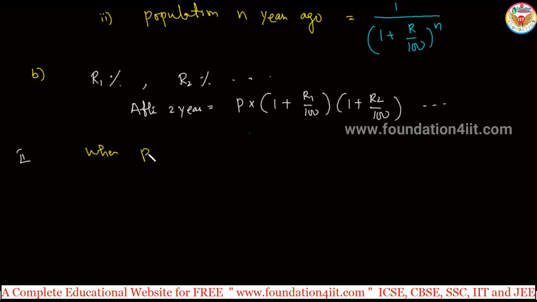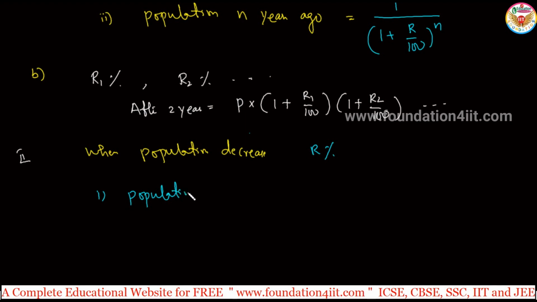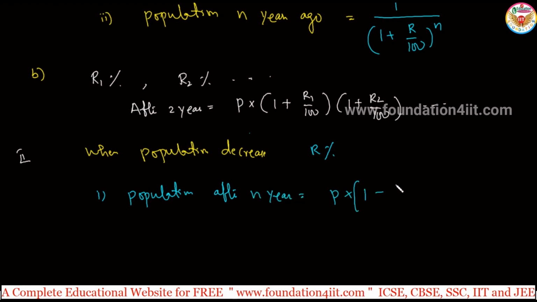So when population-decreasing type questions are asked, where the population decreases at R% per annum, then the population after n years, if it is decreasing 10% every year, is P into the same but (1 minus R by 100) all to the power n.